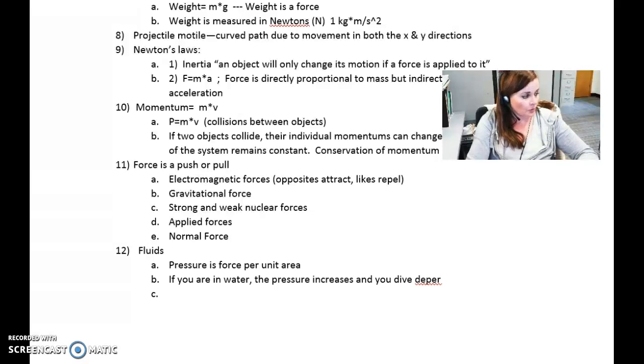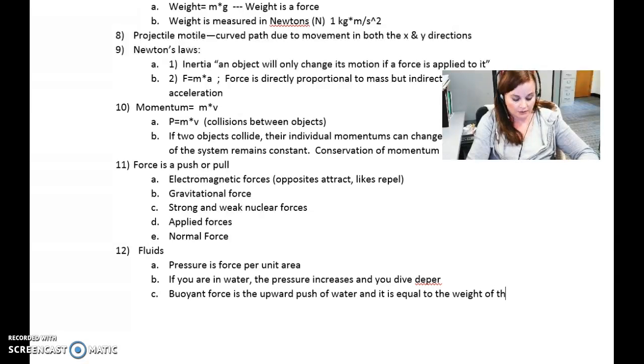We looked at buoyant force. So the buoyant force is the upward push, and it is equal to the weight of the fluid displaced by the object.